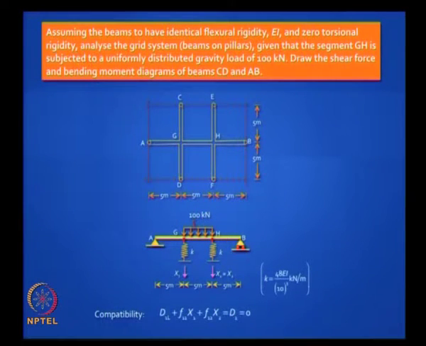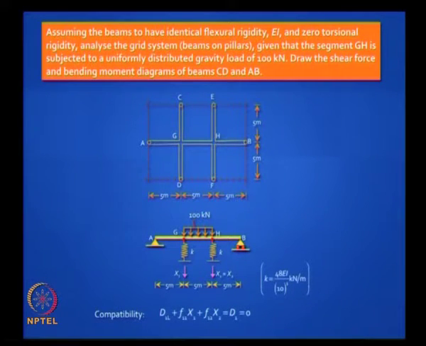And now you can analyze the beam. So your compatibility equation is the deflection at either G or H. Your compatibility equation is, let us say x1 and x2 are the forces at the bottom of the spring, the reactions, right. Obviously x1 is going to be equal to x2, right.